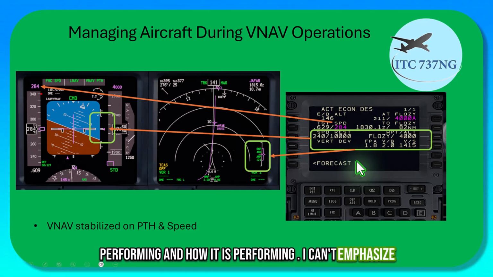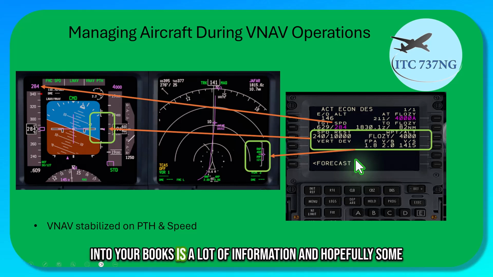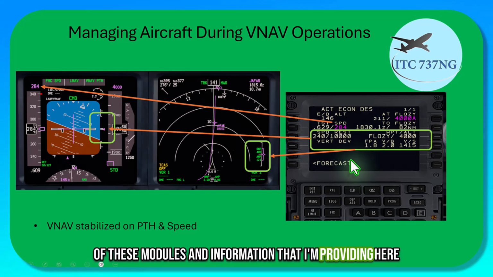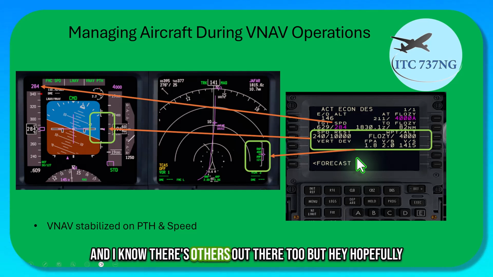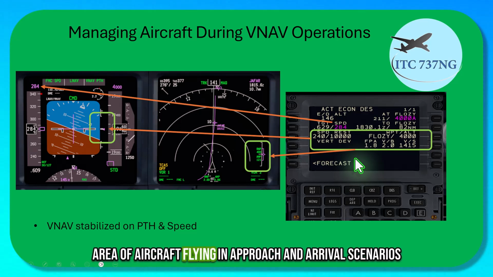I can't emphasize enough, gang, that this area is weak. Learn it, know it, get into your books. There's a lot of information, and hopefully some of these modules and information that I'm providing here, and I know there's others out there too. But hey, hopefully you're educating yourself on this. This is the most critical area of aircraft flying in approach and arrival scenarios.